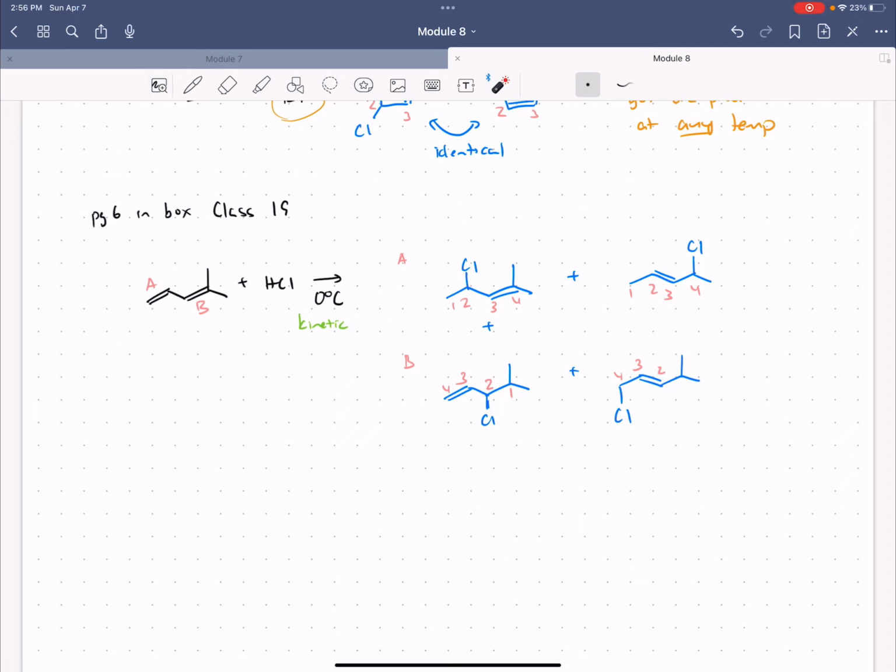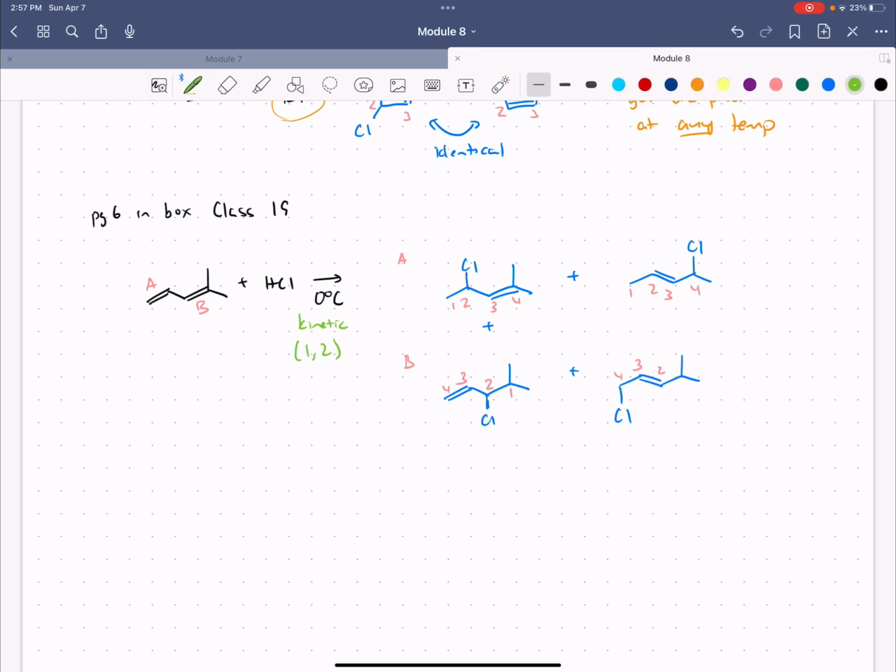So here's the analysis. Before you just circle a kinetic, kinetic's always 1,2. Okay, that's great. Find the 1,2 product. But 1,2 of which double bond? From A or from B? So I'm choosing between these two. We have to determine which double bond gave me the more stable carbocation.